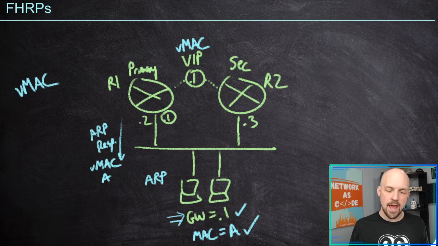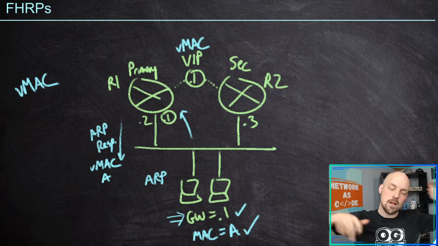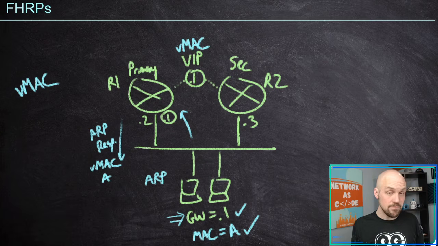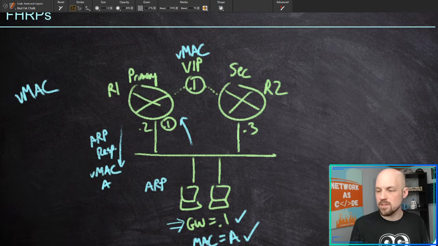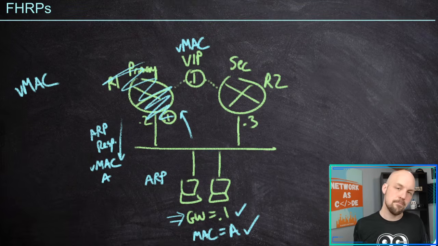So because I have now sent this packet up, everything is good. It forwards it upstream. It gets it out to the internet or what have you. Life is good. And again, we have this scenario where this router has now gone down.